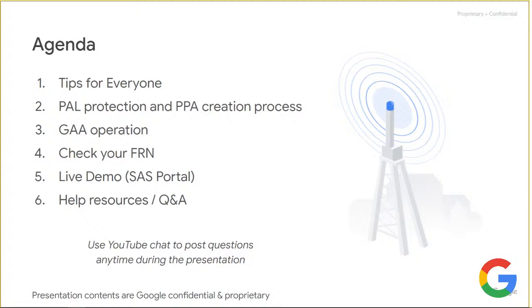We'll look specifically at GAA operation for those of you who aren't using PALs, who are going to just be using GAA devices. We've got some tips for you as well. Show you how to check your FRN in the SAS portal. That is a new thing which just got unveiled today. And then we'll do that live demo I talked about of PALs in the SAS portal.